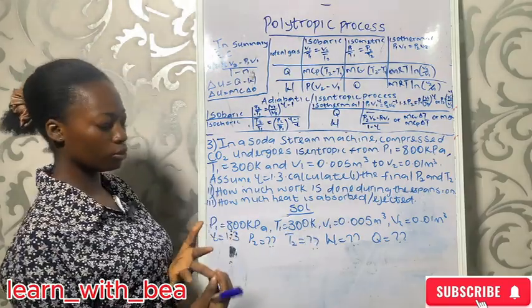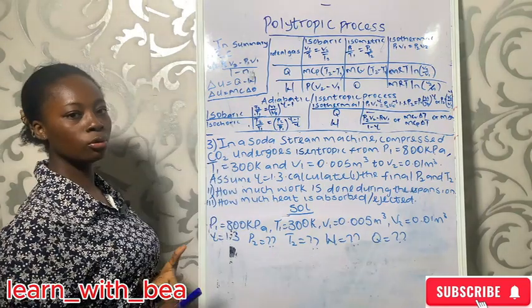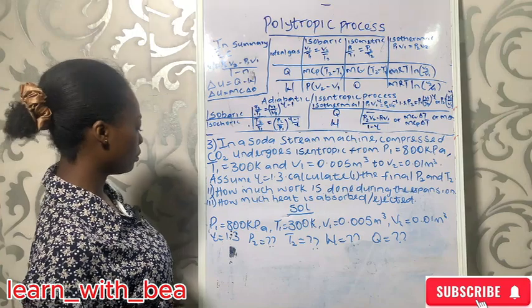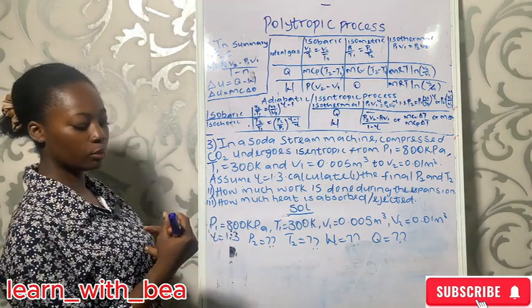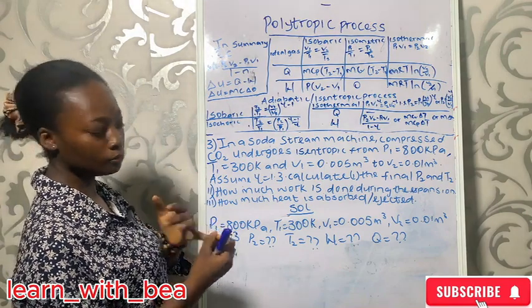V1, number one known under volume. V2, number two known under volume. So I already have two knowns under volume, and I have one known under pressure. So I can use that to get my unknown.